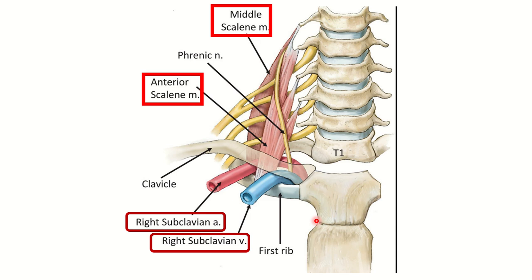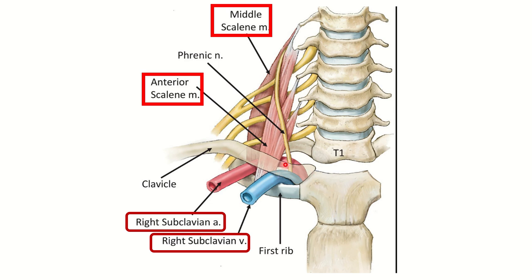Then this picture is one of the most important pictures. Here we can see the subclavian vein, then the subclavian artery, then the brachial plexuses, and here this is the clavicle. The subclavian artery and subclavian vein lie above the first rib but below the clavicle. This point is also important.